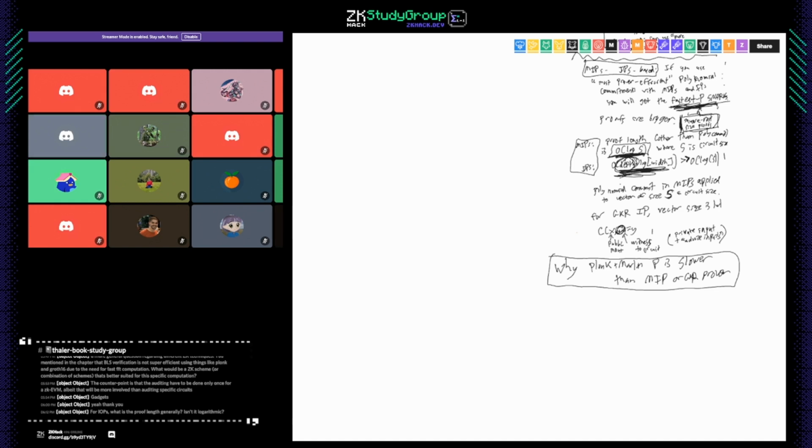Okay, so the main useful point of IOPs themselves, if you actually look at the protocols people are using, is to give a polynomial commitment scheme. You give it an IOP, not a polynomial IOP, just an IOP, and you can turn an IOP directly into a SNARK, just with Merkle hashing.